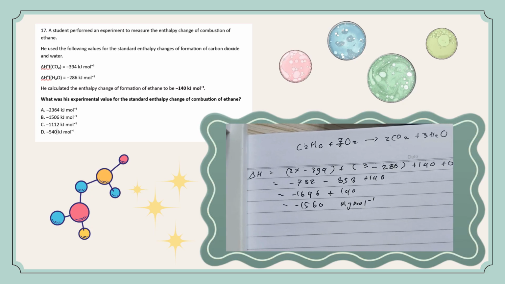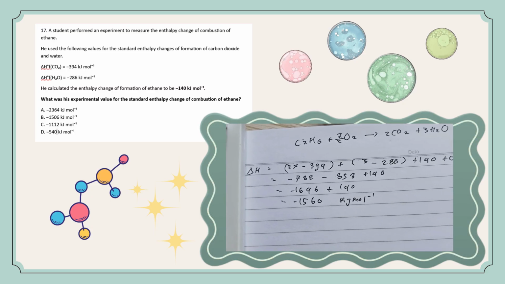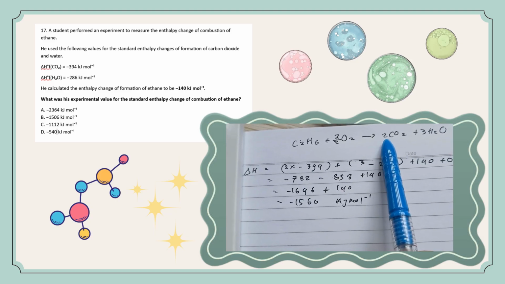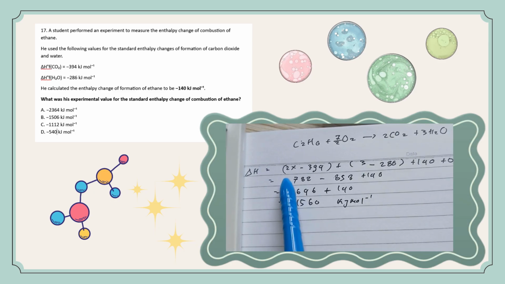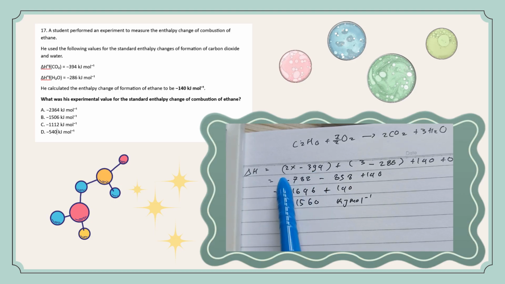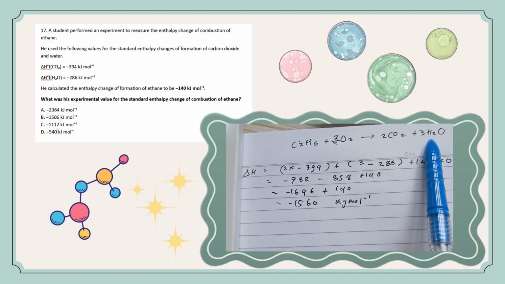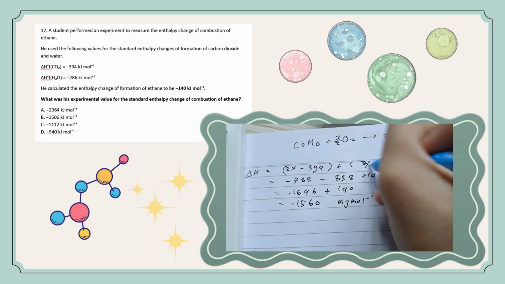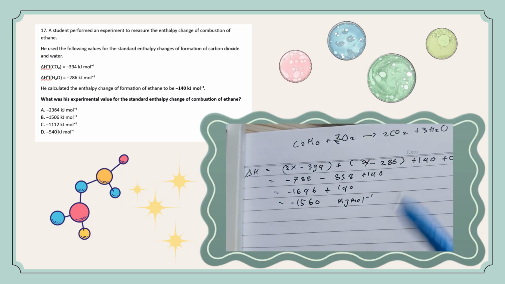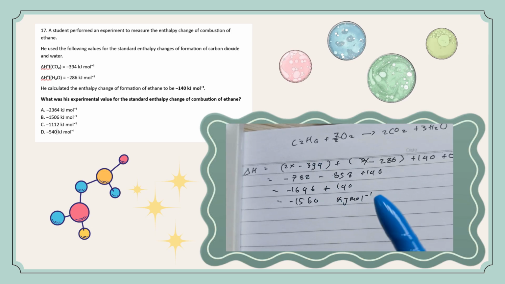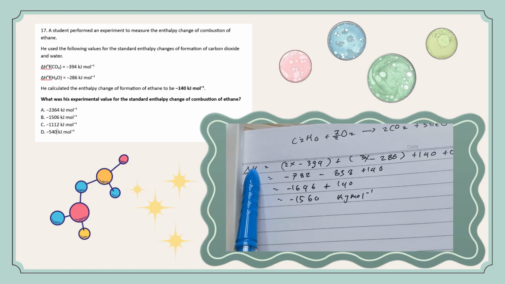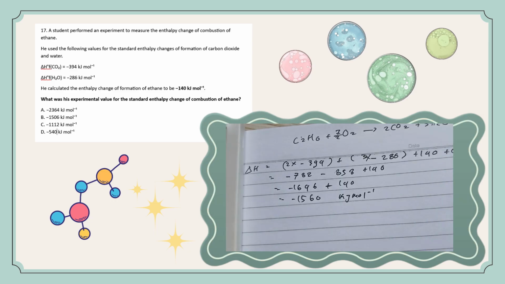Okay, for this question, we already know the enthalpy change of carbon and the enthalpy change of hydrogen. Because the equation makes 2 carbon dioxide, we times the enthalpy change of carbon by 2, and we have 3 water here, so we do the same thing. We calculated, and because we already know that the enthalpy change is equal to minus 140, we have to calculate it also.